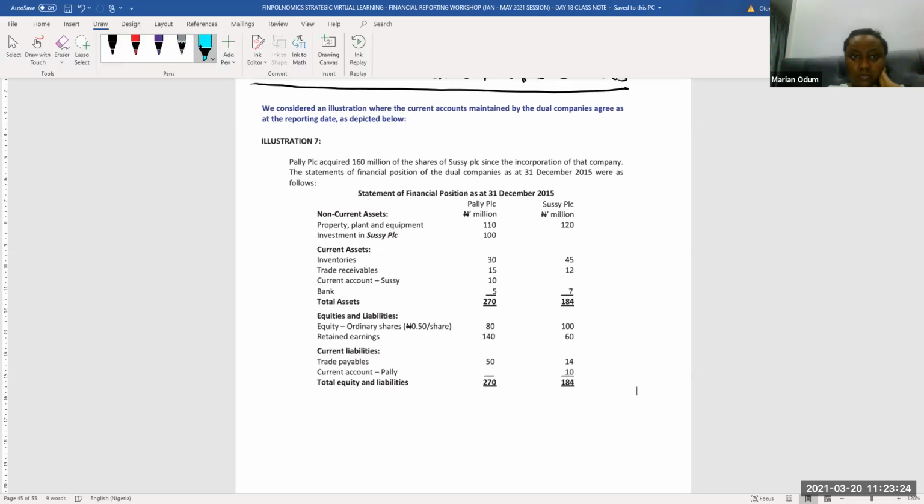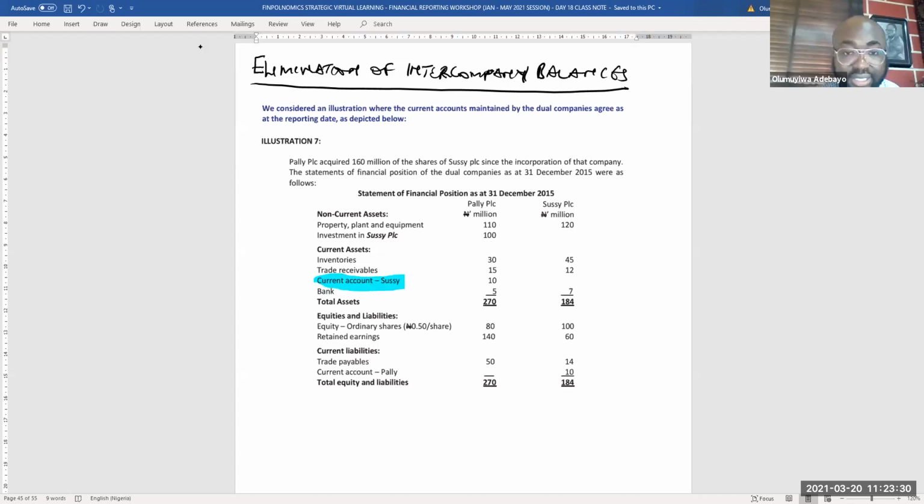Now, look at what you have mentioned. There's a current account maintained in the books of Pali with respect to subsidiary Suzy of 10. And similarly, Suzy also maintained a current account in favor of the parent, 10.